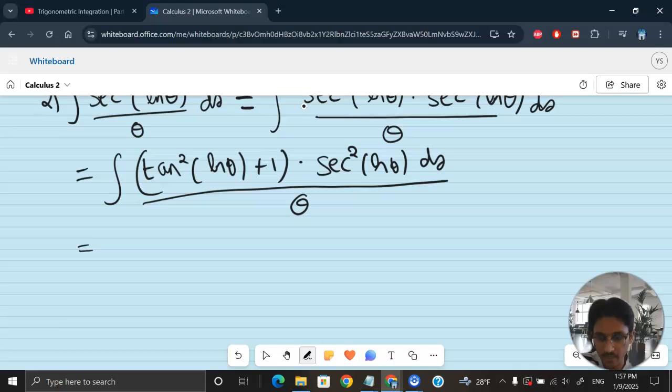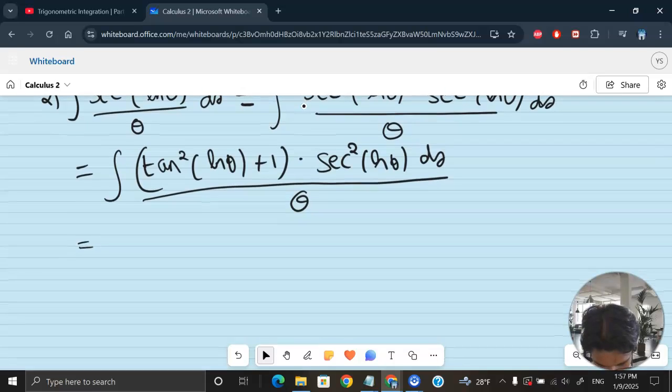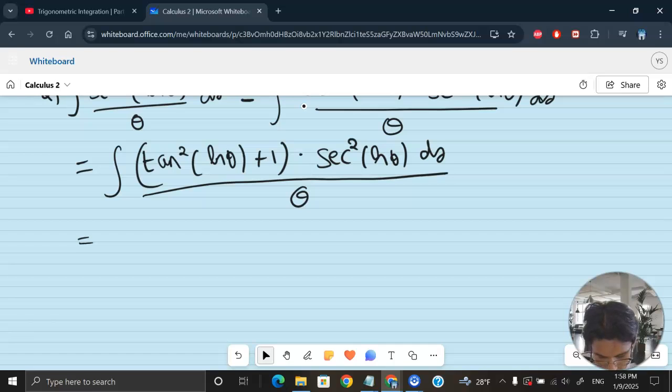Now what we could do is u sub. Our favorite time to do u sub. So we could do u equals natural log of theta. du is going to be equal to 1 over theta. Remember, the derivative of natural log of x is 1 over x dx.